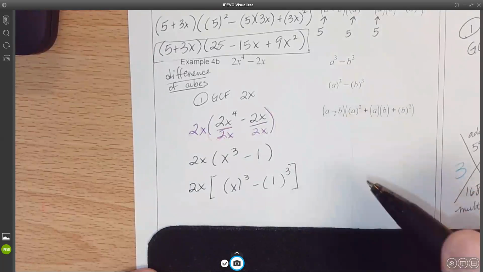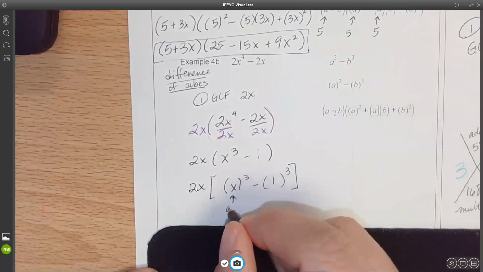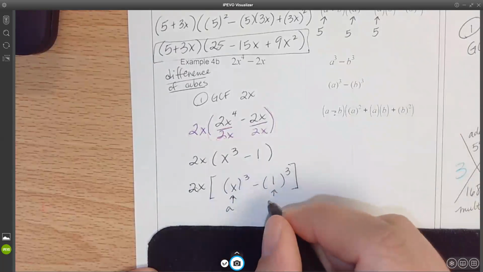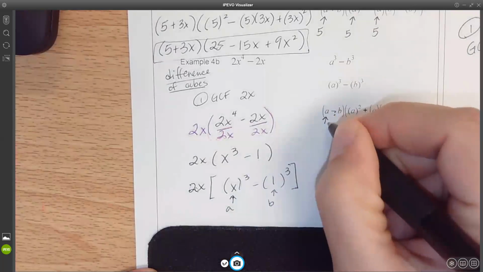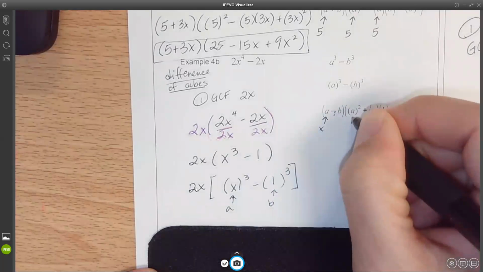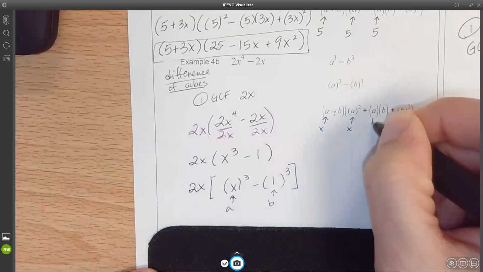So for this one, I'll consider A to be x and B to be 1. So everywhere there's an A, I'll put x, and everywhere there's a B, I'll put 1.